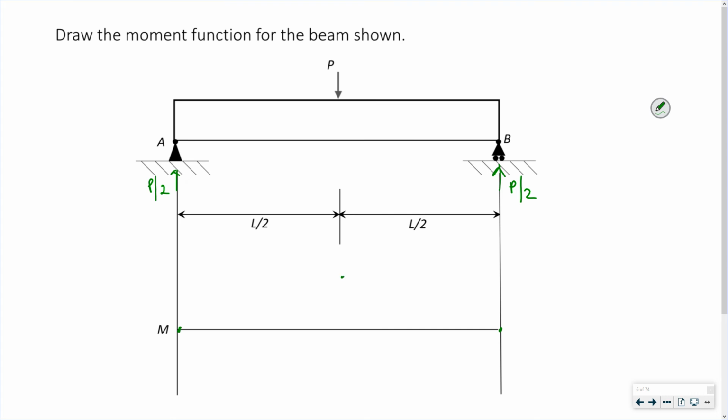At the middle should be PL over 4, because P over 2 times L over 2 is PL over 4. So we're going to use this moment function, but I figured we'd have a little quick review.